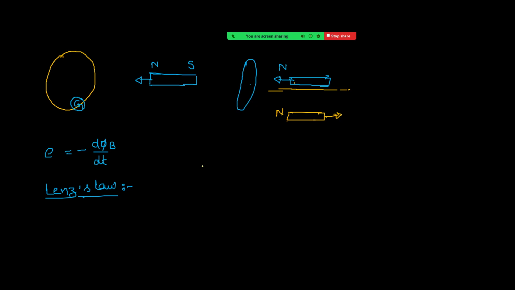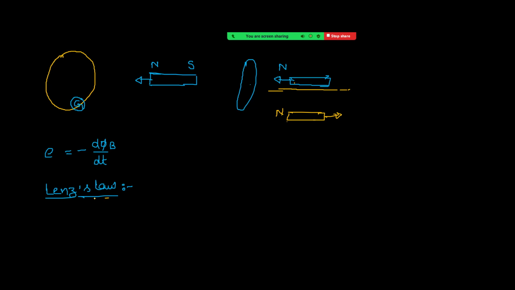Okay. And see here the statement that we are giving. The direction of induced current is in such a way that it opposes the cause of its production. Now see the example carefully. In the first case, current is induced, and the cause for that induced current is the motion of the magnet towards the coil. That is the cause.